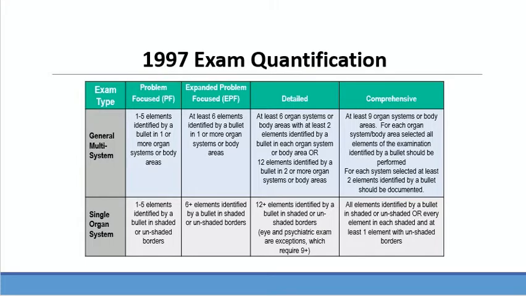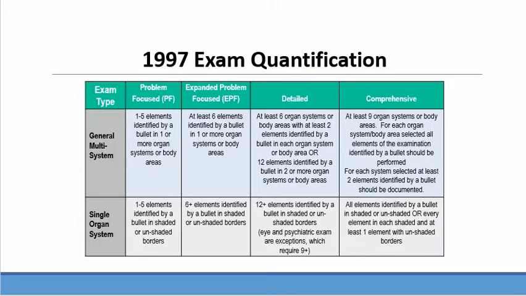Unlike the 1995 guidelines, the 97 guidelines define what constitutes a single organ system exam for each level. For each level of single organ system exam, it talks about shaded and unshaded borders.